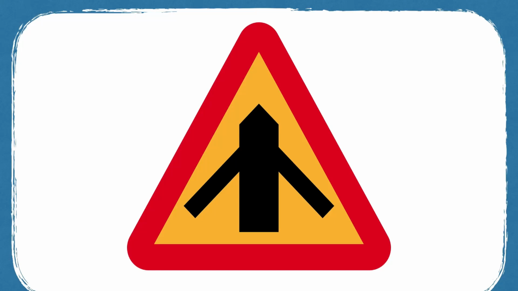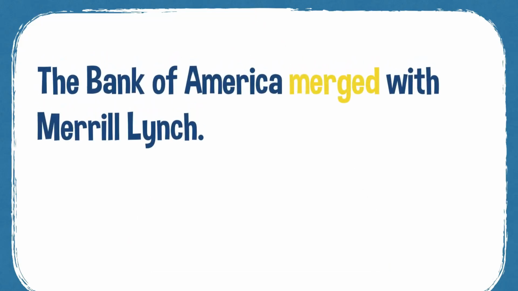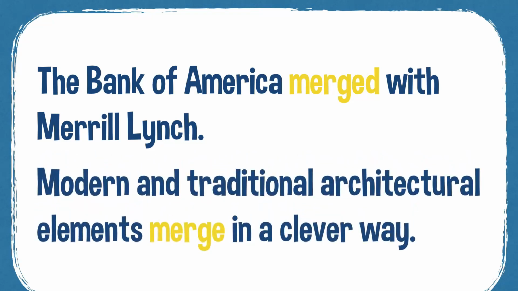If 2 companies merge, they form one new company, and it's often bigger than the other 2 older companies. So for example, the Bank of America merged with Merrill Lynch, and they formed one gigantic financial organisation and made lots of money.